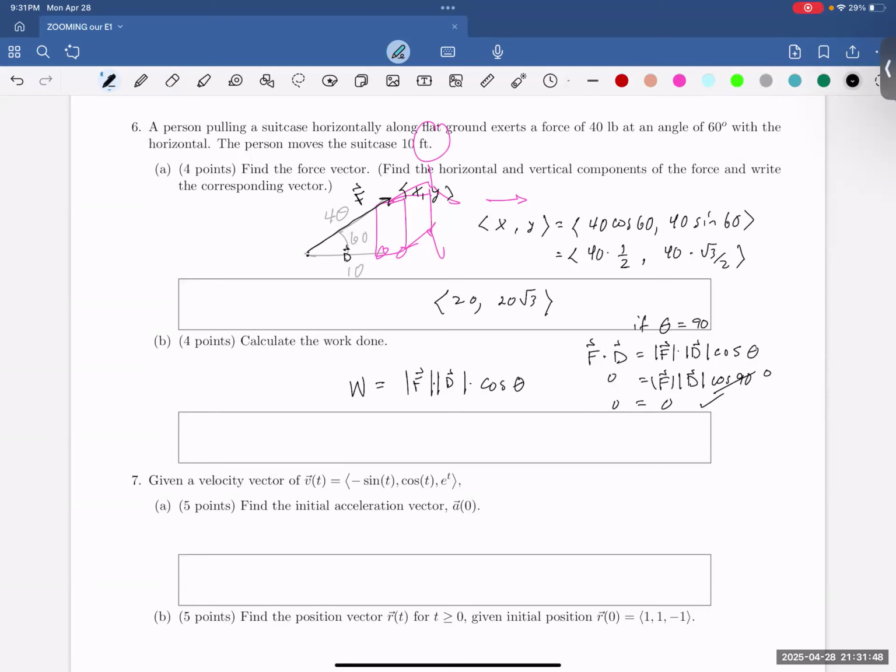So yes, I believe cosine. Length of f times length of d times cosine theta. Length of f was 40, and d was 10, and then cosine 60 is a half again. So that should be 200 foot-pounds.